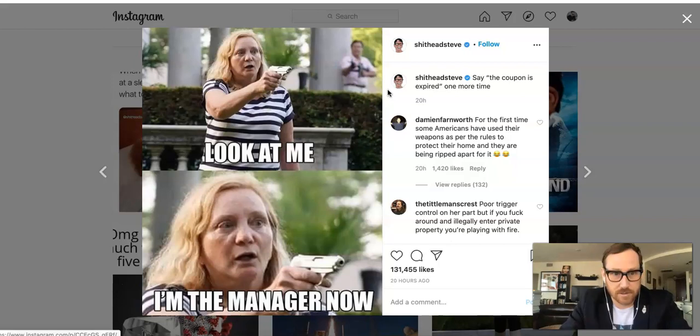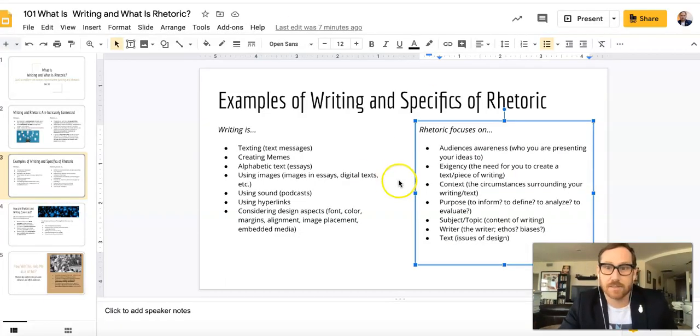So when he posts this on his Instagram page, he's very aware of who the audience is that will react and respond to this. And there's a very clear exigency here, the need for this to be created. Basically, people are behaving badly, and someone wants to call them out. This is the need to create a text or a piece of writing.